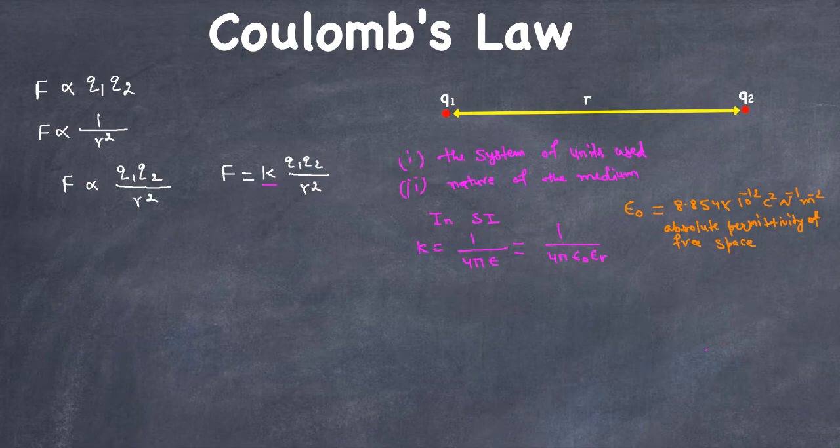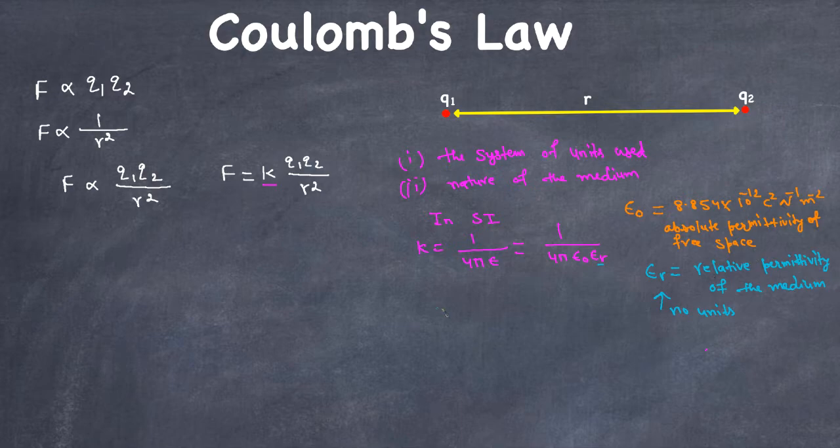And epsilon r is the relative permittivity of the medium in which the charges are placed. And the relative permittivity has no units. It is just a pure number, no units.